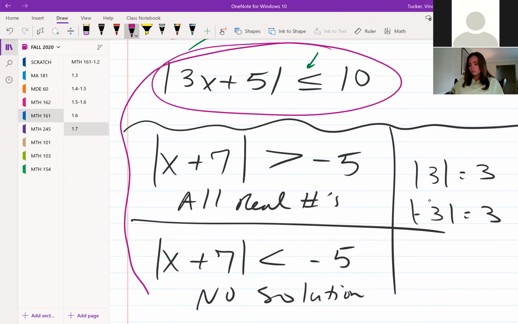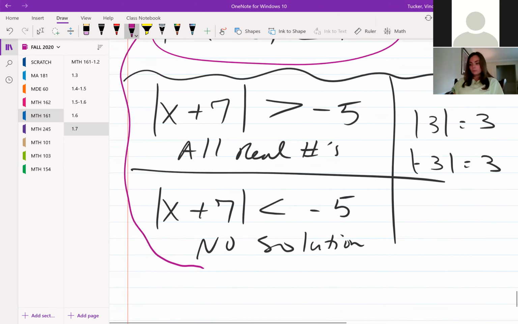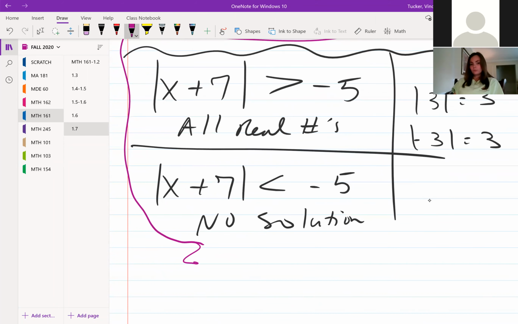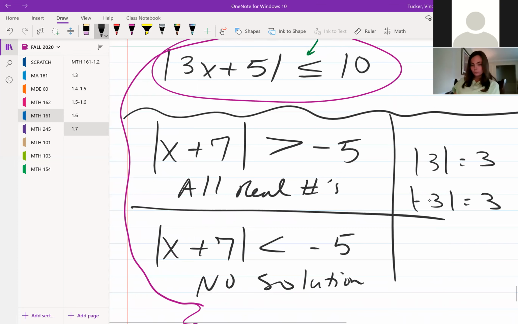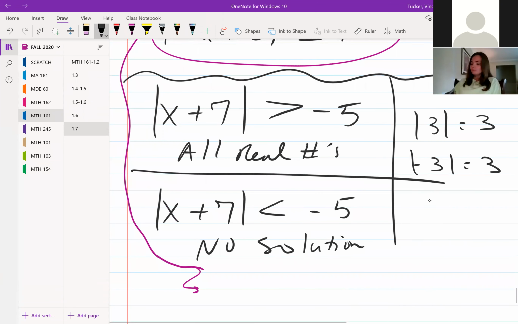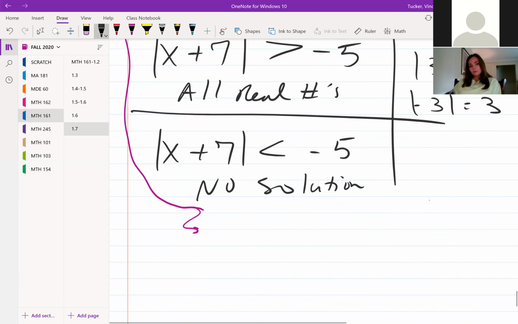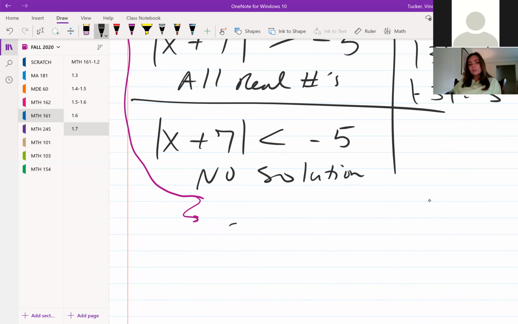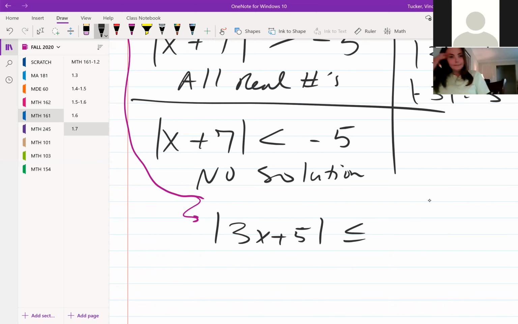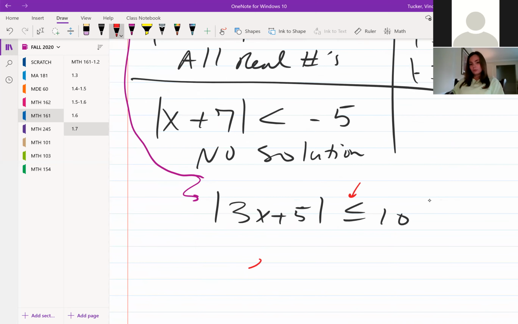All right, so I'm going to bring that down here. So we had the absolute value of 3x plus 5 is less than or equal to 10. So now because it's less than, we need to set it up this way.